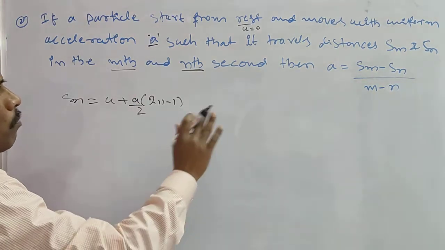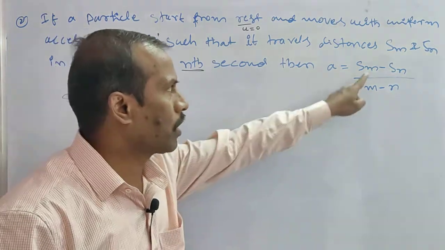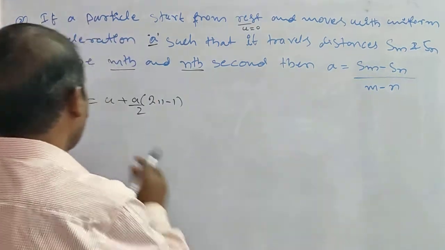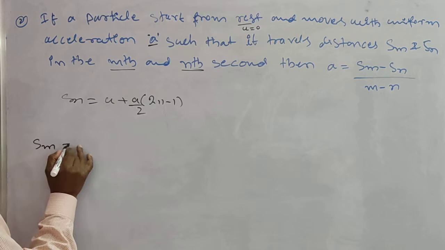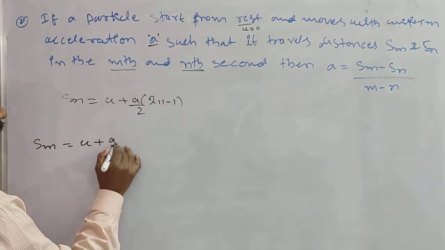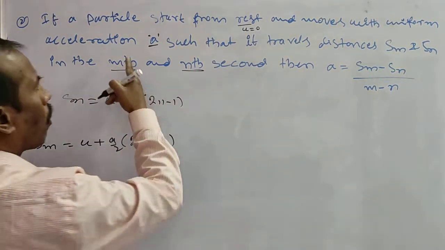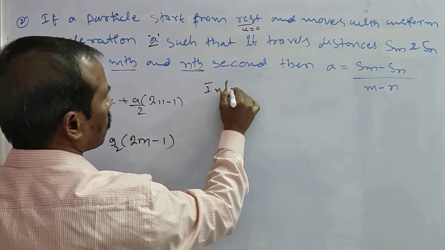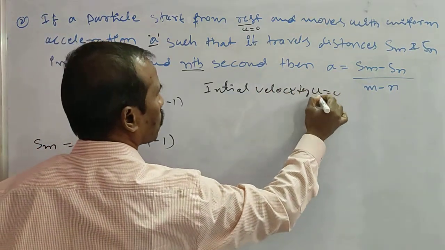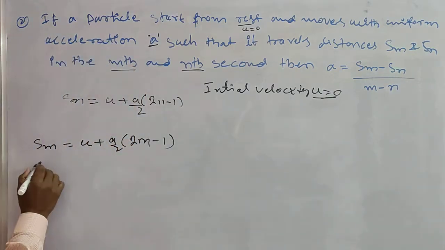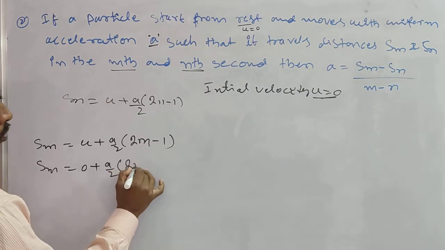Now first of all, the particle moving along the straight line in m seconds is sm. That means this is the formula. First equation: sm is equal to u plus a by 2 into (2m minus 1). According to the initial velocity, u is equal to 0. So now sm is equal to 0 plus a by 2 into (2m minus 1).